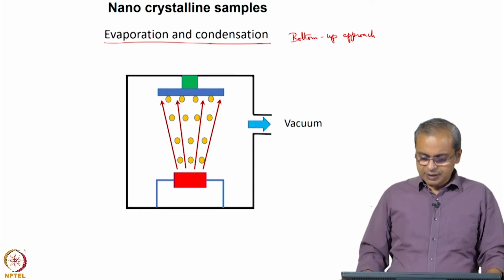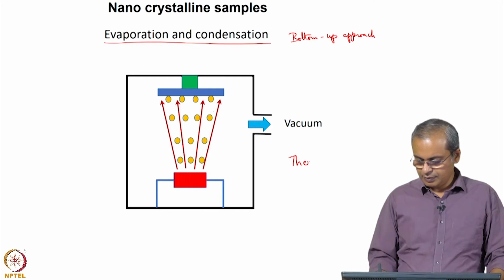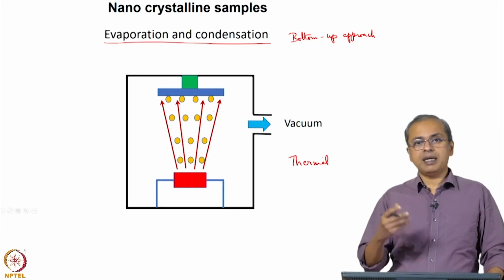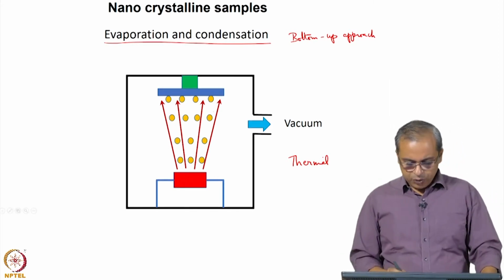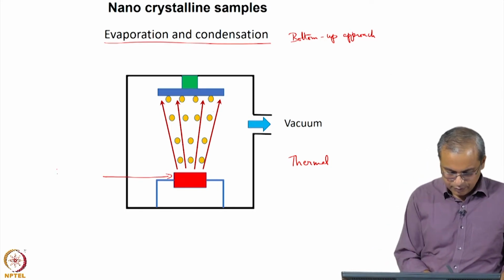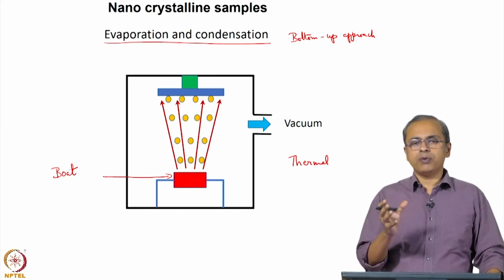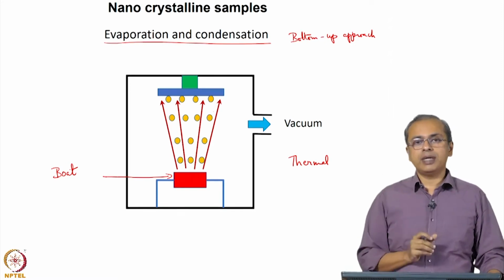So, the first process is a thermal process, basically thermal evaporation. So, what we do is there is a boat, this is called a boat. Okay, so, this is a boat, usually it is made of some high melting point metal.